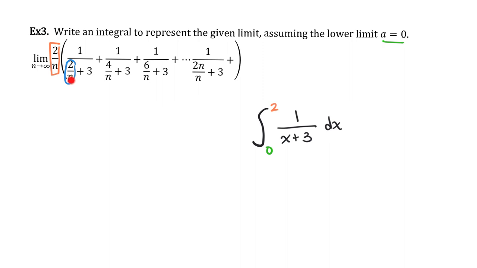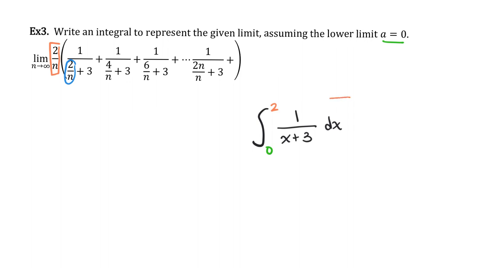For the first term, I got 2 over n, 1 over 2 over n plus 3. For the second term, I would do 2 over n times 2, which is 4 over n. So 1 over 4 over n plus 3. For the third term, I would do 2 over n times 3, which is 6 over n plus 3. For the last term, I'm doing 2 over n times n, and then I'm plugging into 1 over x plus 3.